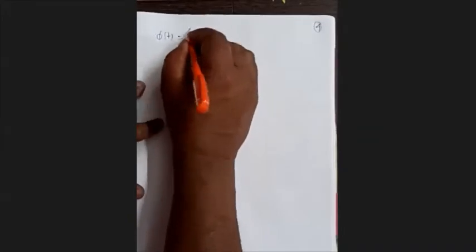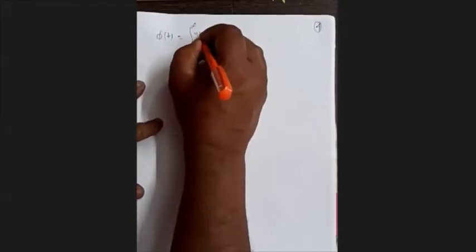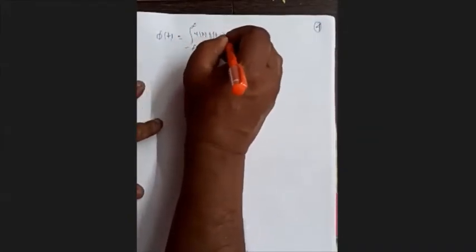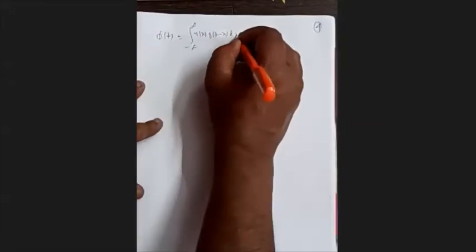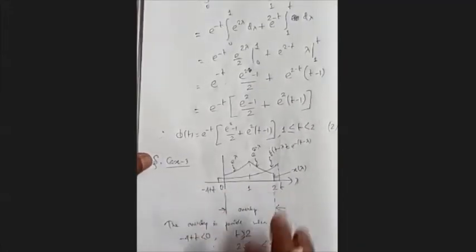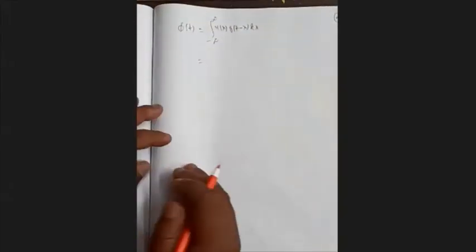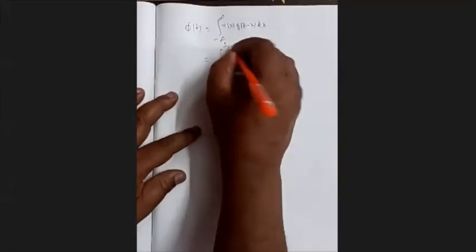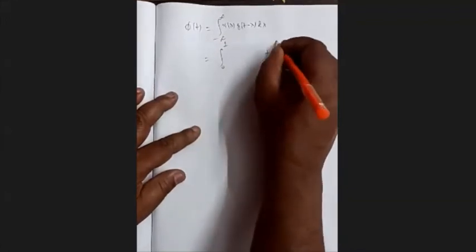Page number 4. It is x lambda g t minus lambda d lambda as usual. Now our overlap stretch is 0 to 1 and 1 to 2. Two different functions of x. So it will be 0 to 1 and 1 to 2.